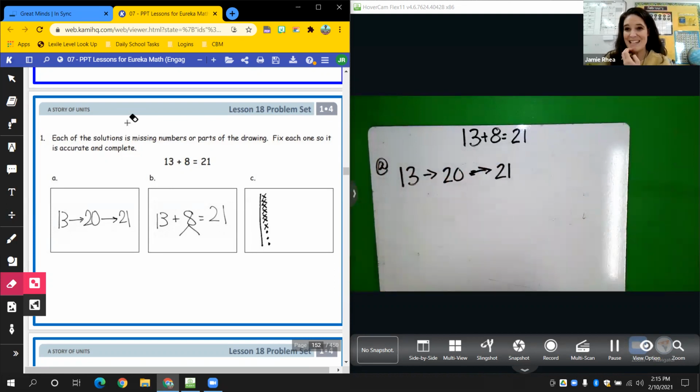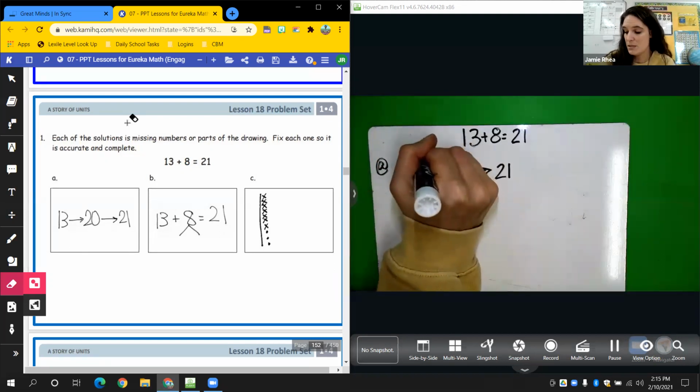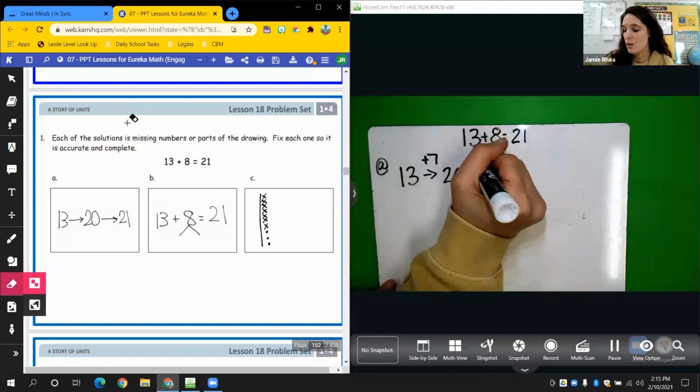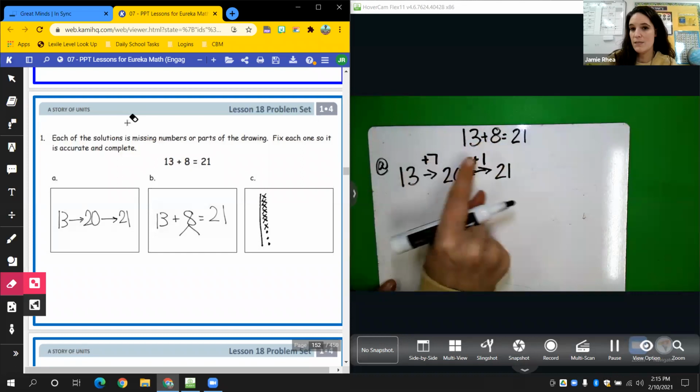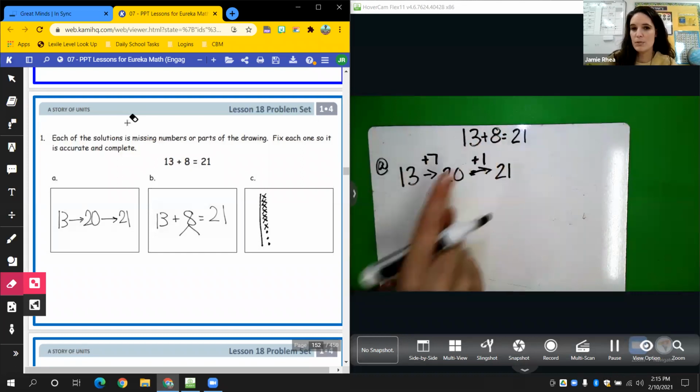What's missing? Yeah, my labels. So how many more do I need from 13 to 20? I need 7. And from 20 to 21, I need 1. And we know that 7 plus 1 equals 8. So make sure you put your labels there.